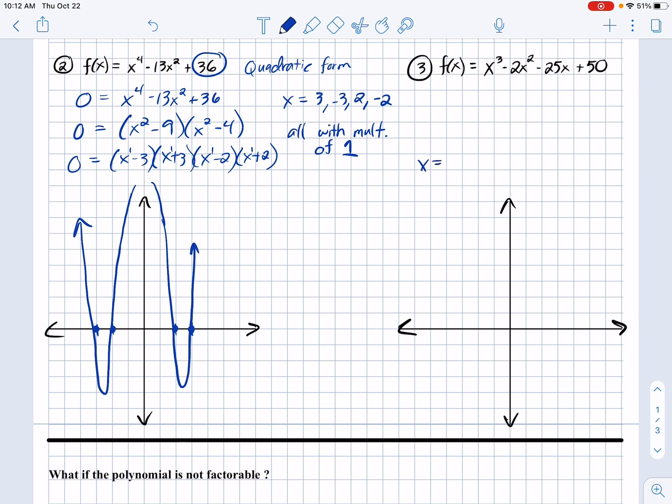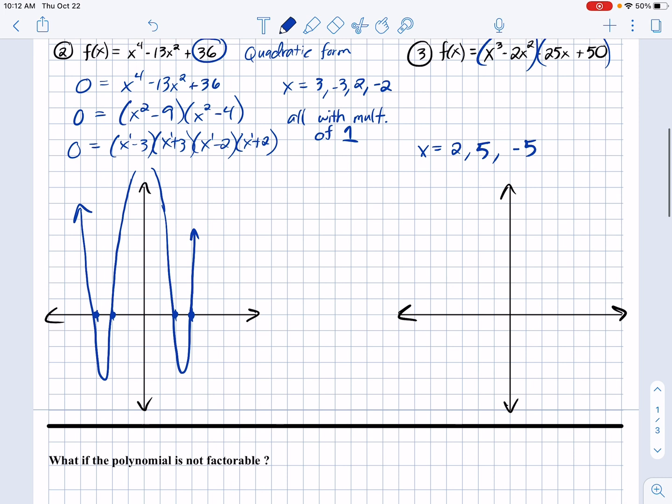You should have had roots of 2, 5, and -5. There was no GCF. It was not in quadratic form. You had to factor by grouping. There's 4 terms. Use that polynomial chart to help you out. So we have -5, we have positive 2 and positive 5.